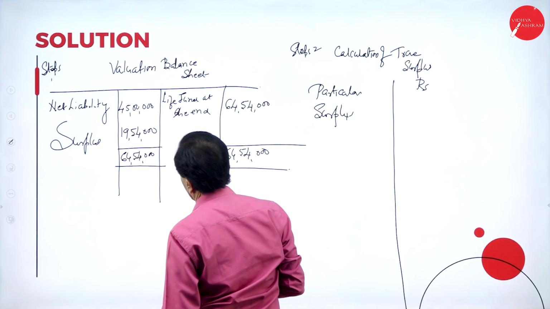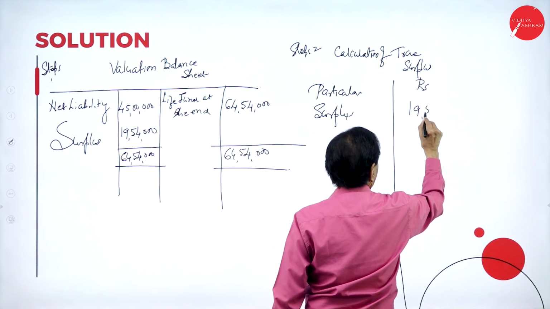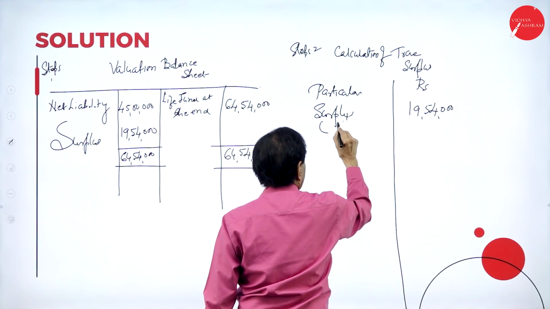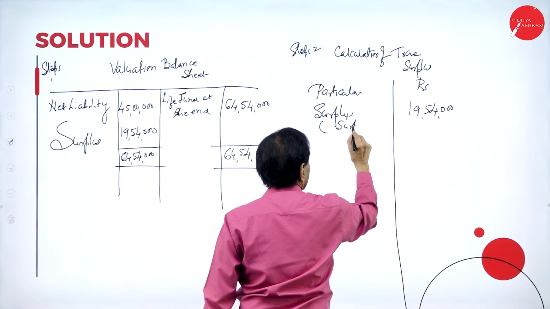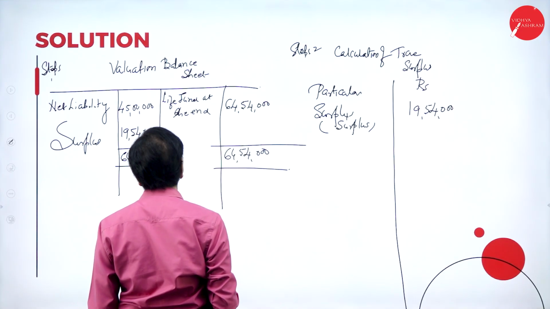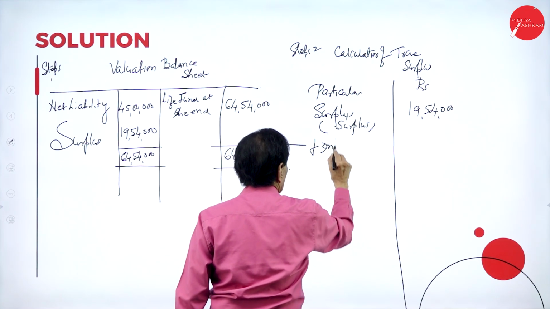Surplus as per balance sheet, 19 lakh 54,000. This is your surplus. Add interim bonus.